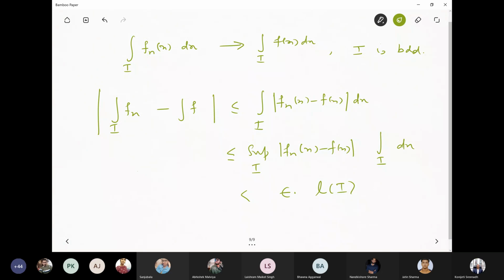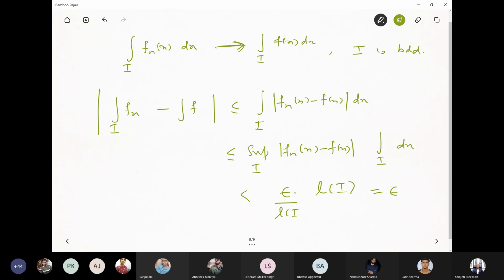So if I take n in such a way that this is less than epsilon by the length of I, I get this to be epsilon. Therefore, if Fn converges to F uniformly, then we can take this limit. Convergence means I am taking the limit from outside to inside.